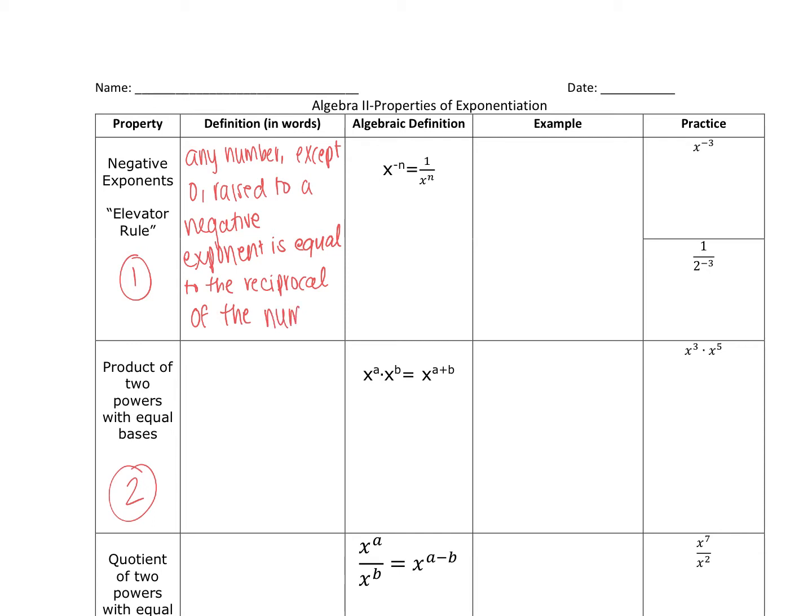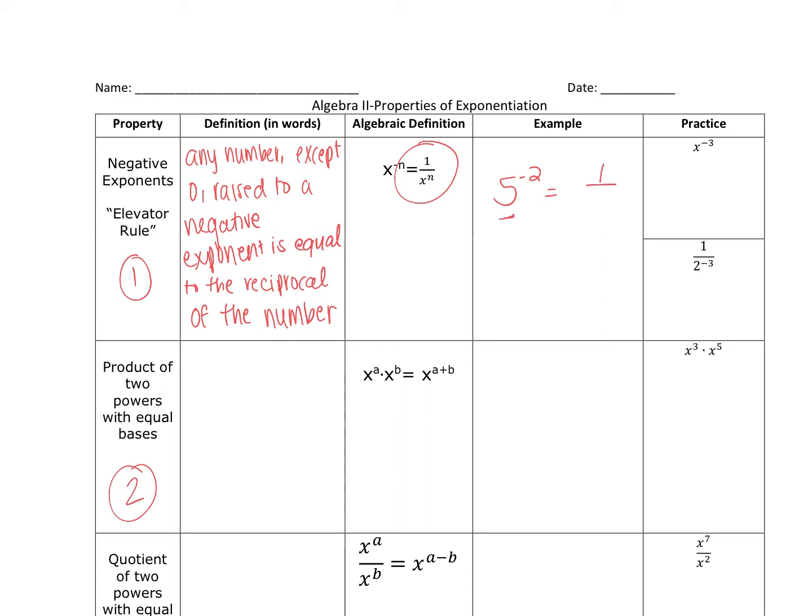So, for example, if I had 1 over 5, the reciprocal of 1 over 5 would be 5 over 1. So the top becomes the bottom and the bottom becomes the top. And an example of this would be something like 5 to the negative 2. And how we would use this property is it now becomes 1 over whatever was here.